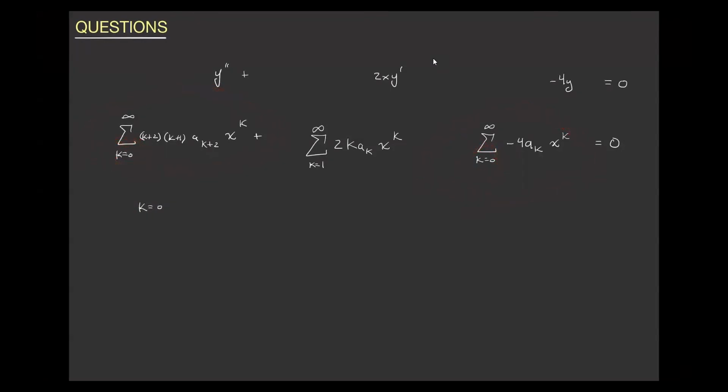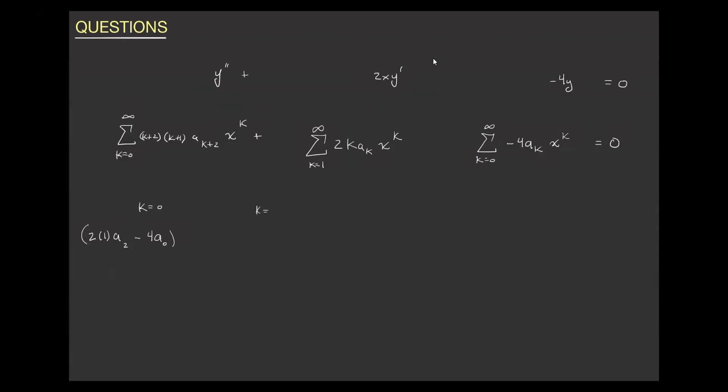We have the series here and here contributing to that because they start at k is equal to 0. And if we combine those terms, when k is equal to 0, we get from the first one up here 2 times 1, a sub 2, minus, now looking at the third series here, minus 4, a sub 0. That's all times x to the 0.